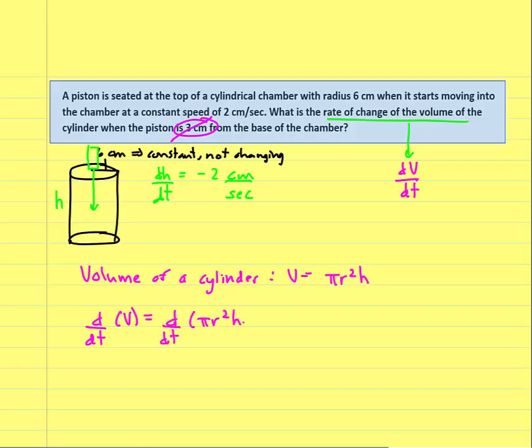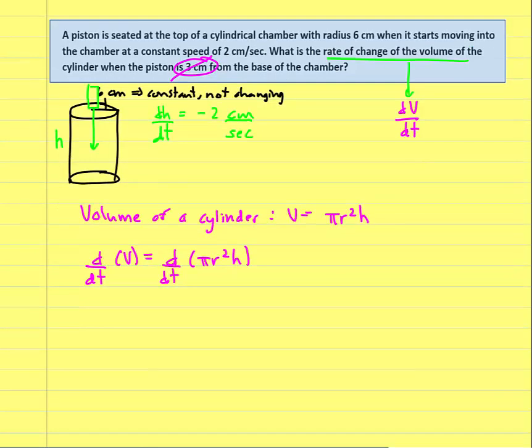Now we have something interesting going on here on the right hand side, because we have an r, we have an h, we have a t, and we have this pi. Well, pi is a constant, and for this problem r is also considered a constant, but we won't worry about that right now. I'm going to plug that in a minute. Right now we want to find our related rate equations.